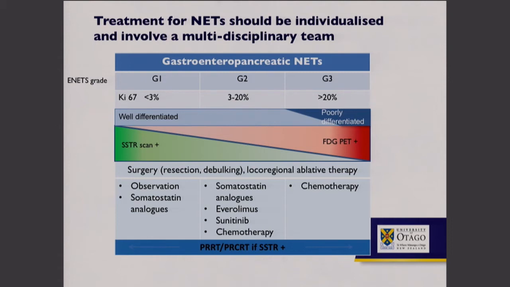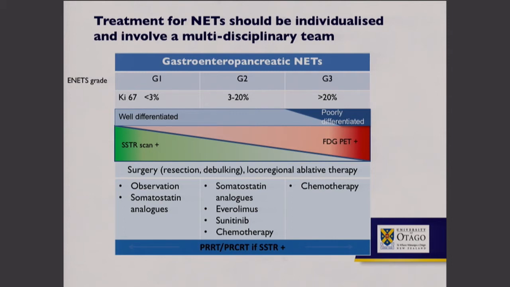And the thing about surgery and debulking and local regional ablative therapy being across the whole spectrum is actually this is one of the tumours where quite often we'll do surgery even in the metastatic setting, because if you've got a large bulk of liver disease and you're producing hormones, then you can be really symptomatic from that, so chopping some out can help if we don't have any other treatments.